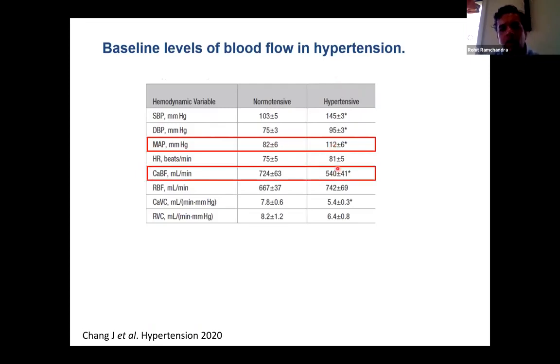To our surprise, carotid blood flow was actually significantly decreased in this hypertensive group. I didn't really expect this because normally you expect if mean arterial pressure is greater, if anything, blood flow should stay the same or maybe even increase slightly. But we saw a large decrease in carotid blood flow as well as a decrease in carotid vascular conductance.